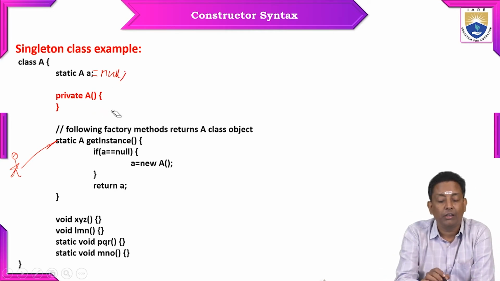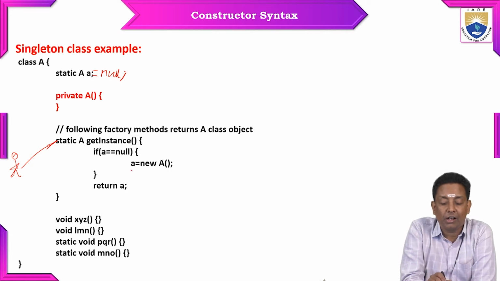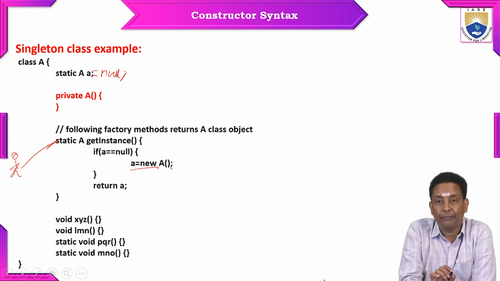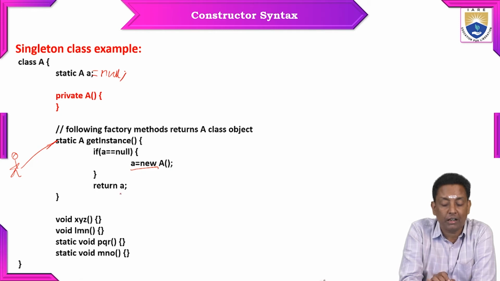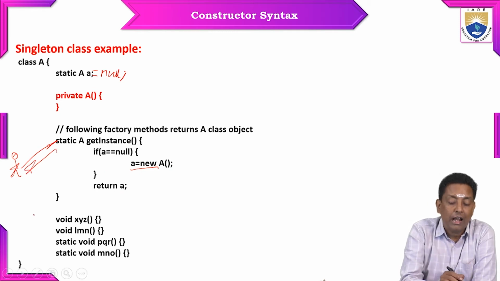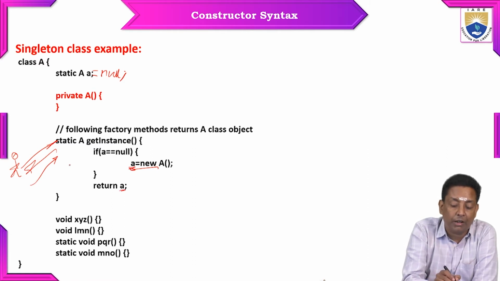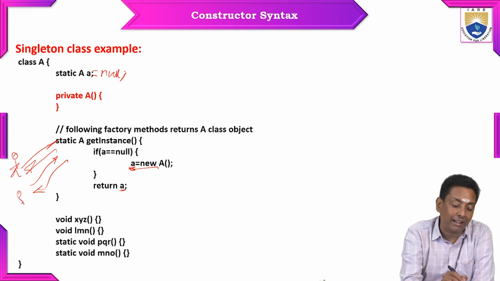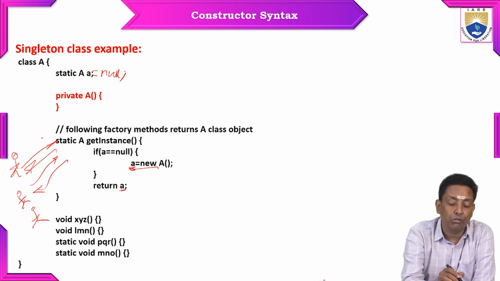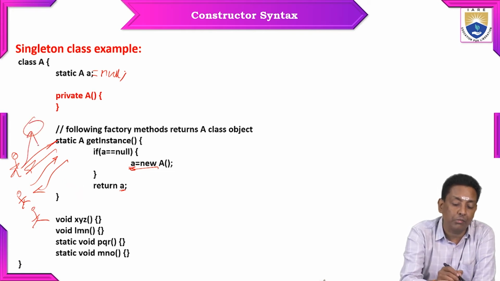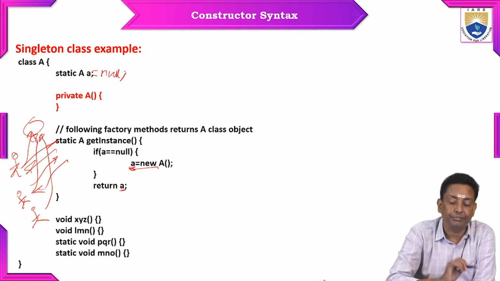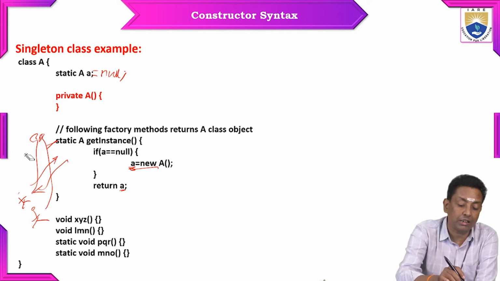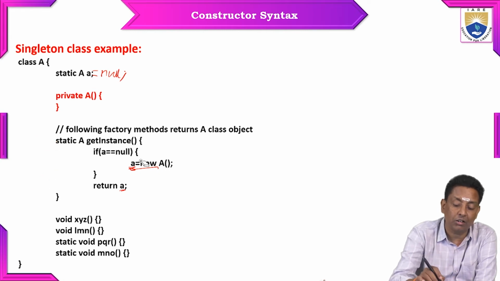Because it is null the first time, we immediately create a new object, a = new A(), and return it to the client. From the second request onwards, the same existing A object is returned, not multiple instances. So as many clients request the singleton class object, to all of them the same object is returned. Such an object is called a singleton class object.